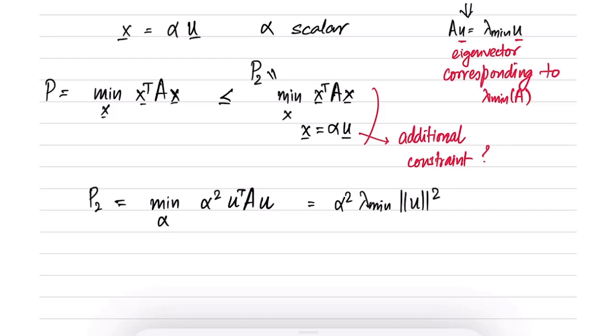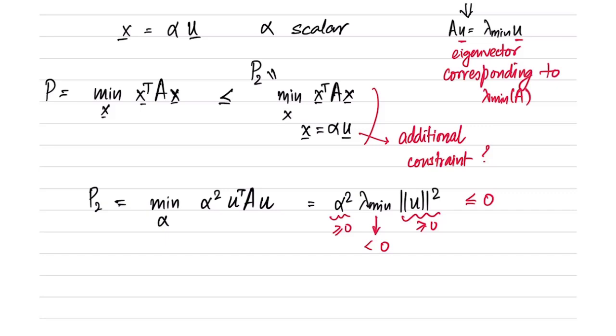Now, note that alpha square for whatever alpha I choose is greater than equal to 0, and lambda min is less than equal to 0. In fact, we know that lambda min is strictly less than 0. So overall, this term is less than equal to 0.